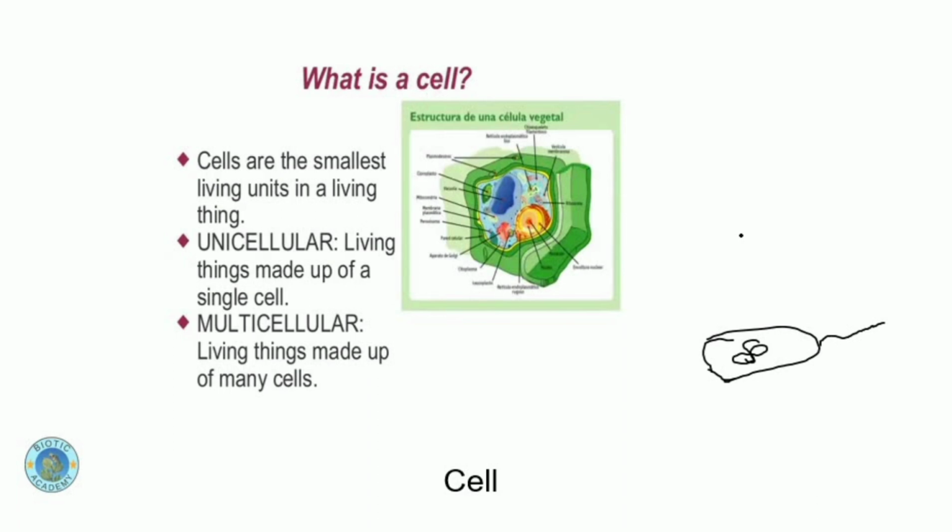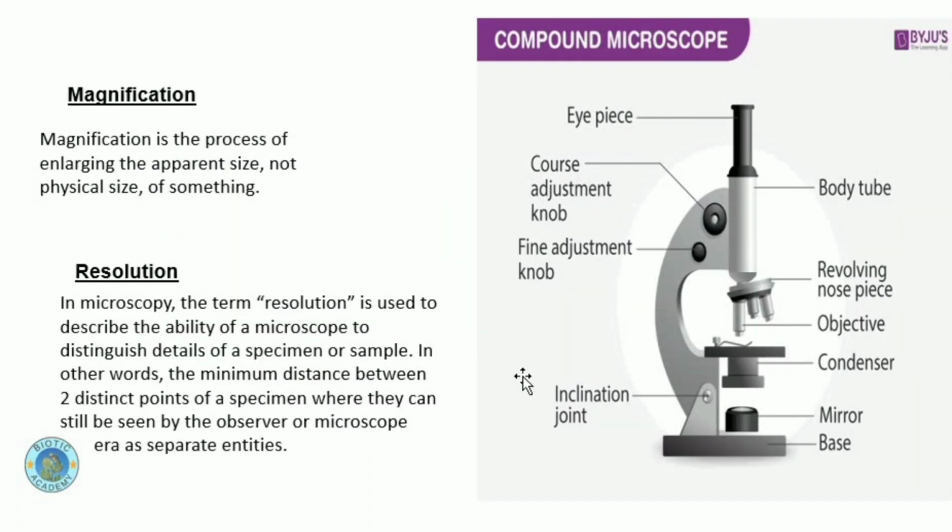What instruments are required to study the internal structure of the cell? Scientists were able to study the internal structure of the cell with the help of an optical instrument known as the microscope.